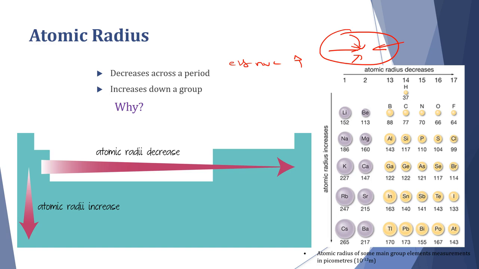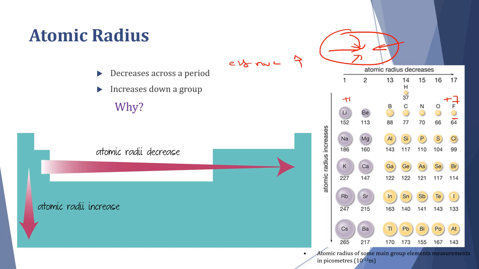And that is indeed what we see as we move from lithium across to fluorine or sodium across to chlorine. This pull of the electron cloud towards the nucleus, from +1 effective nuclear charge to +7, pulls that cloud closer around the nucleus, making the atomic radius smaller.